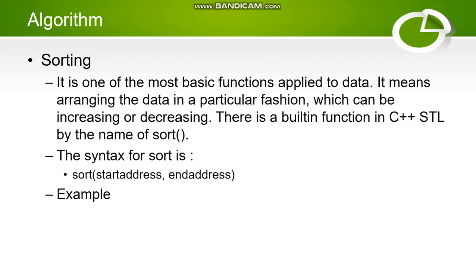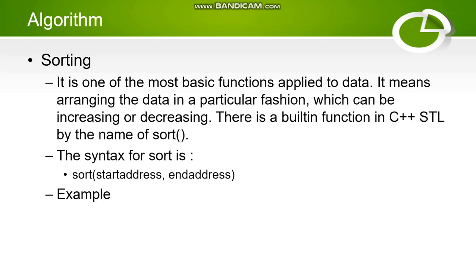There is a built-in function in C++ STL named sort. With its help we can sort the elements without writing the whole logic. The syntax is sort, in brackets start address and end address. The start address is where your array starts, and the end address is where your array ends.